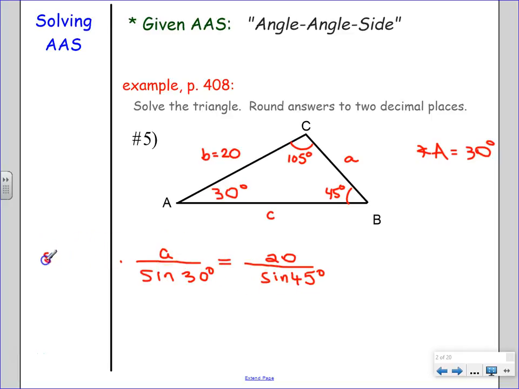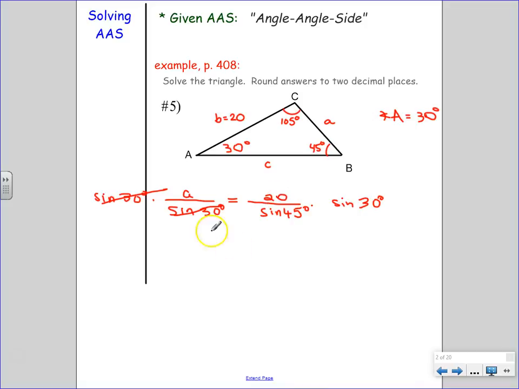If you just multiply by sine 30, don't you have a already alone? What you do on one side, do on the other side. A is equal to.